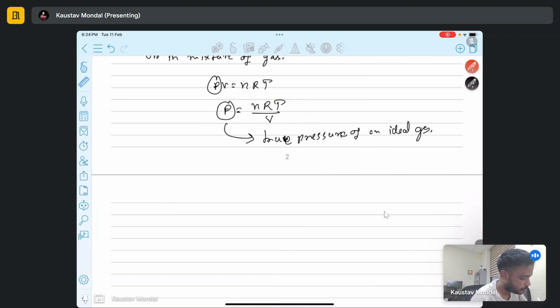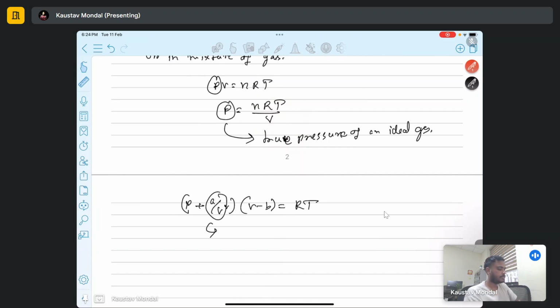So if we consider this, the equation for a real gas can be written like this: (P + a/V²)(V − b) = RT. This term holds because of the correction in the force, because the gas molecules have some velocity, so they exert forces on their surroundings. That is not considered in the ideal gas case, but we have to consider it for real gas, so this correction term in pressure comes.